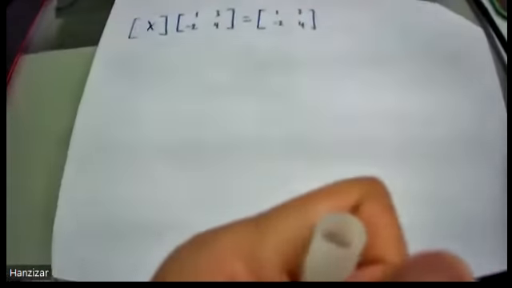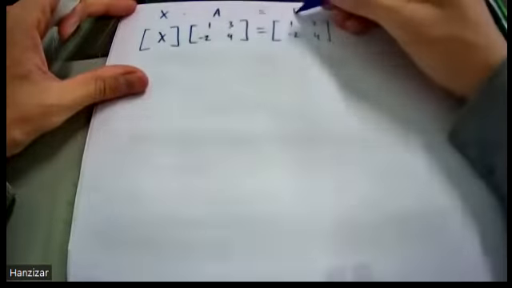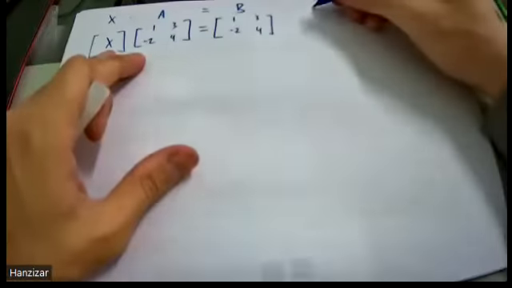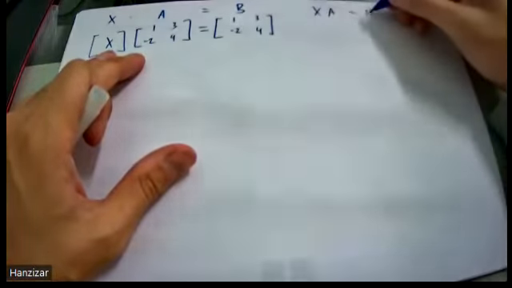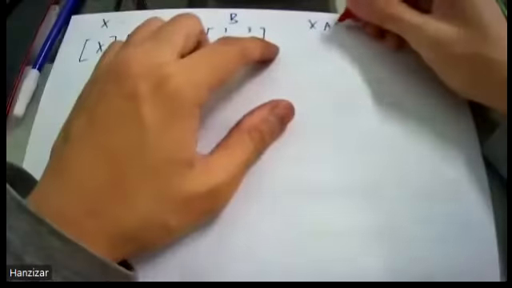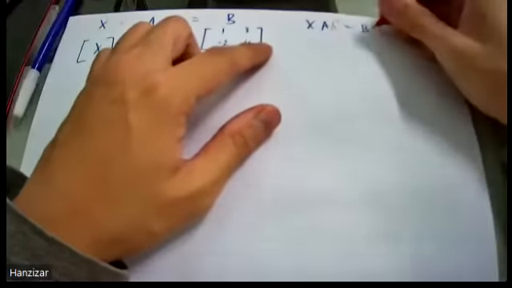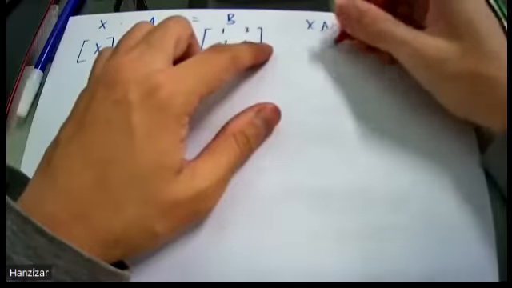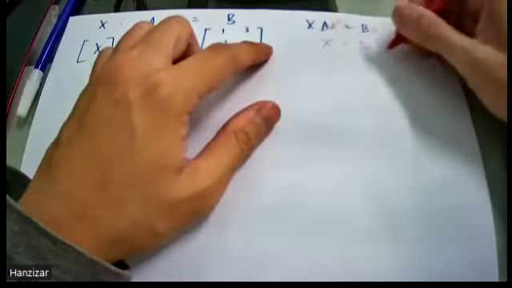What is X? Again, what you need to do is put the proper letters. X A equals B. You are finding the X, so you have to annihilate the A. So you rewrite. You have to remove the A, so you multiply by A inverse, on this side also. So X equals B times A inverse.